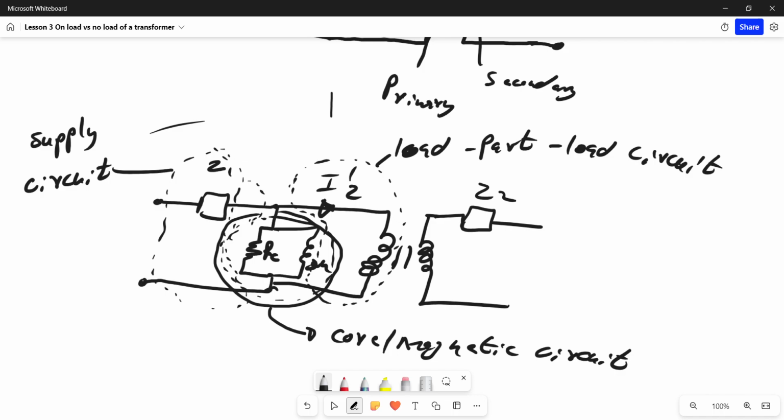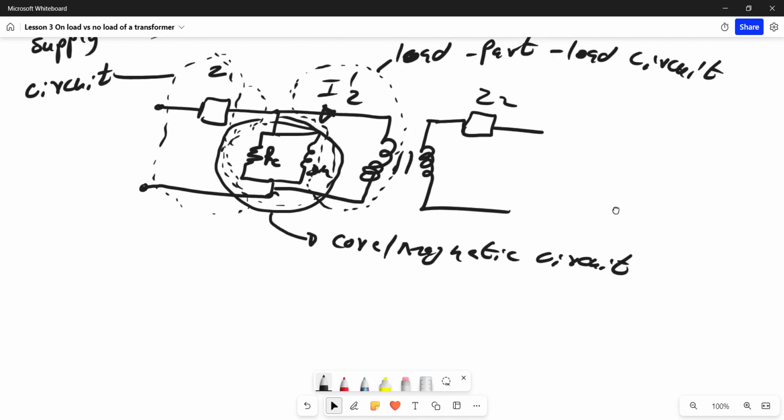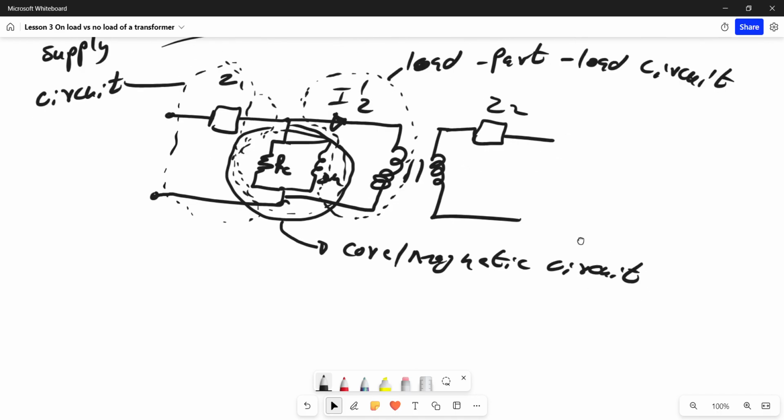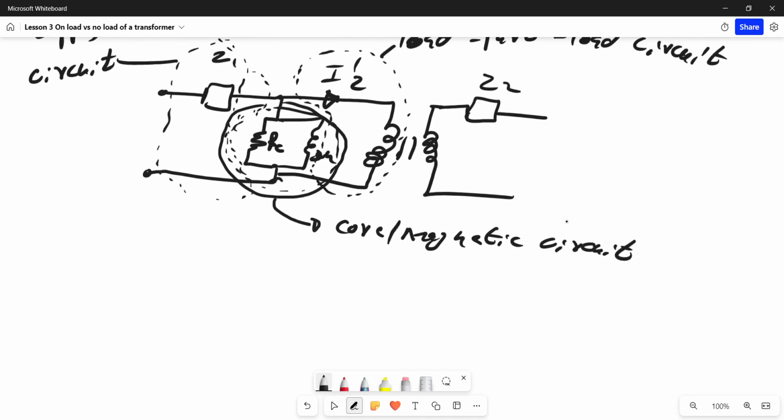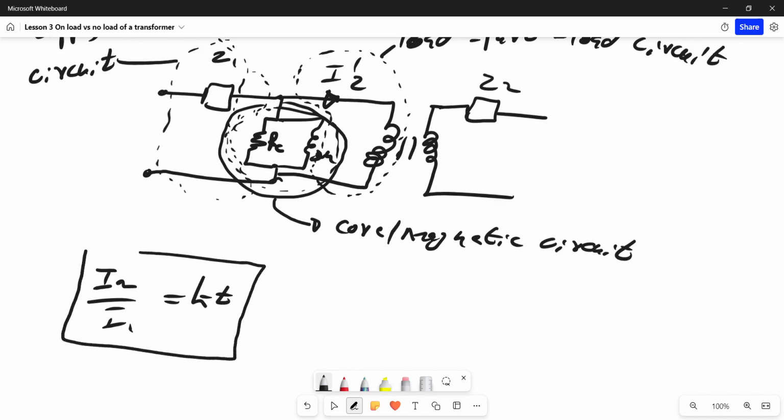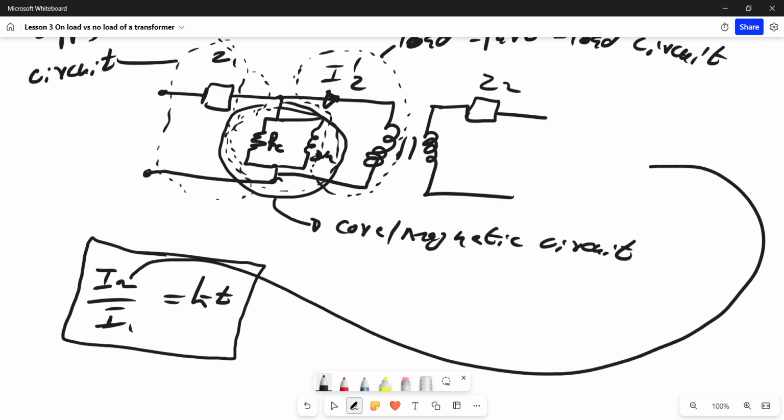So you can see that these are three different things. This is very helpful for you to understand in some problems when you solve, because sometimes you meet an equation that says I2 over I1 is equal to KT. I don't have a problem with this equation. I2 is on the secondary side, the current that will flow here.